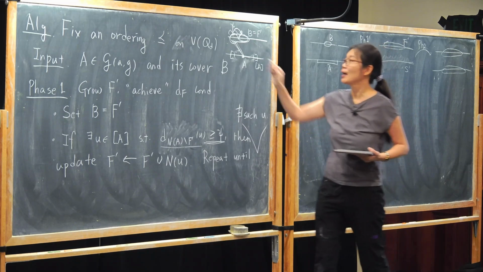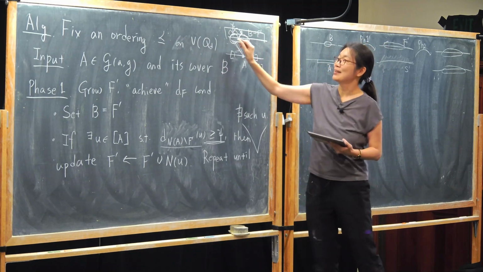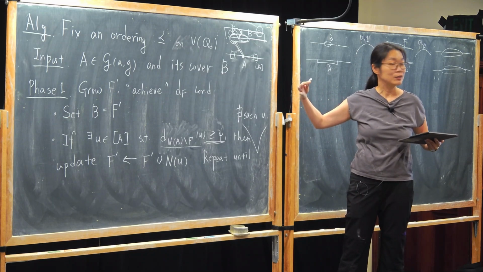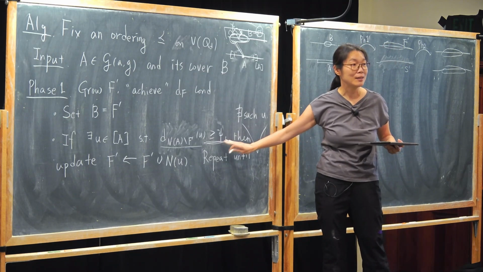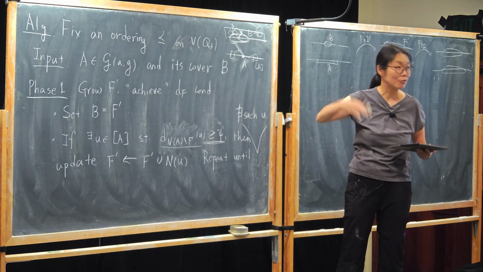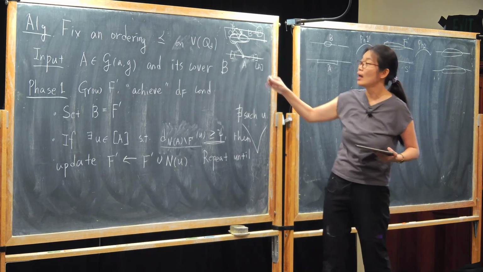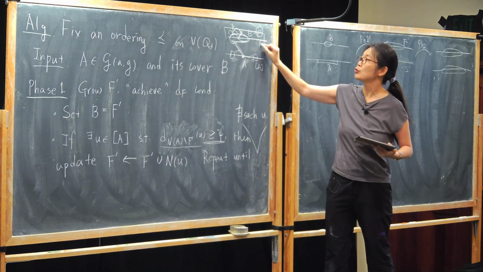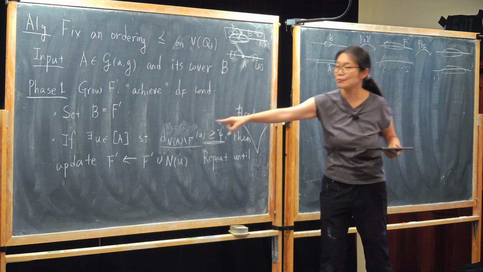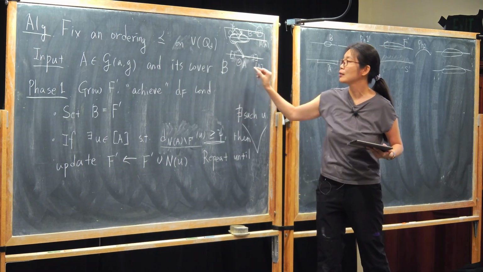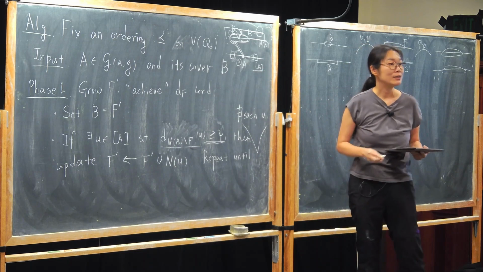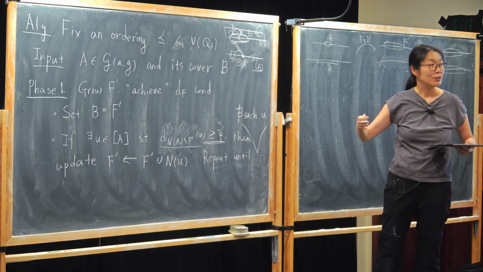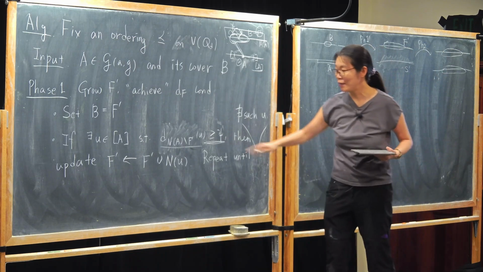Because eventually, this set F prime cannot exceed the neighborhood of A. So that's the reason why we need this lower bound. Again, this is to upper bound the number of iterations. Because all of the vertices that we add belong to the neighborhood of A, because this vertex U is chosen from the closure of A. So we cannot go forever. Eventually, it will stop. Okay?